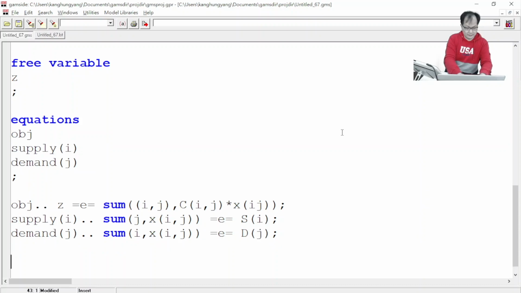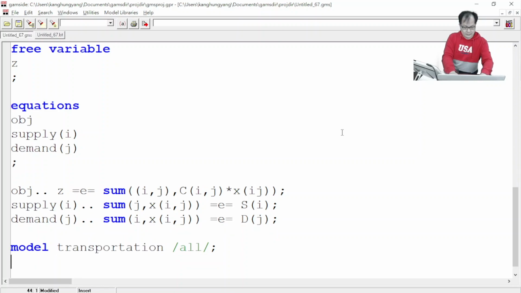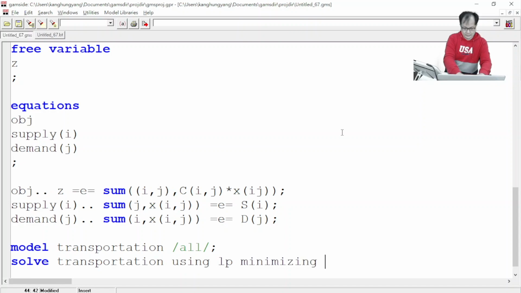Then I name the model transportation, and I want to solve it with all the constraints. So I solve it.